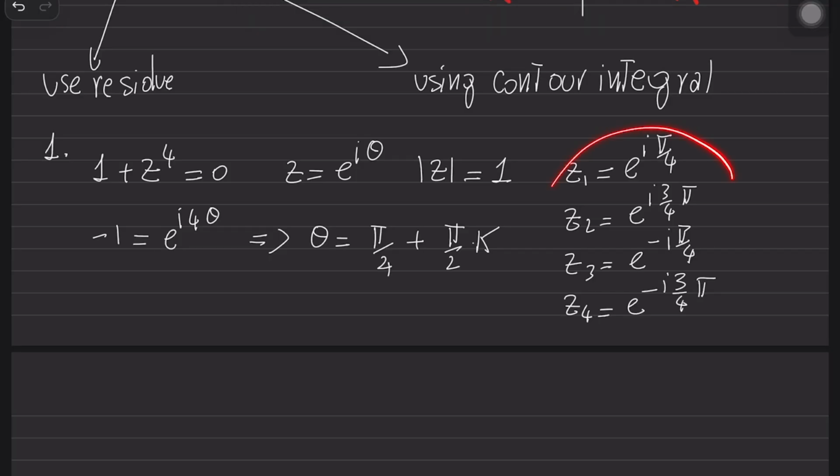And how do you compute those? Well, you just plug in k equal to 0, 1, 2, and 3. When k is equal to 0, you get this one. When k is equal to 1, you get this one. When k is equal to 2, actually, you get z4, sorry for that. And when k is equal to 3, you get z3.